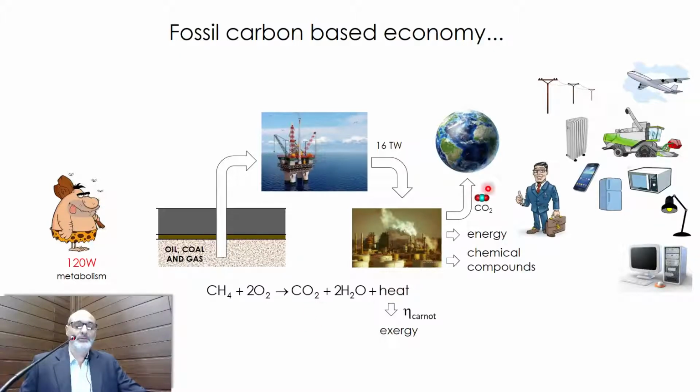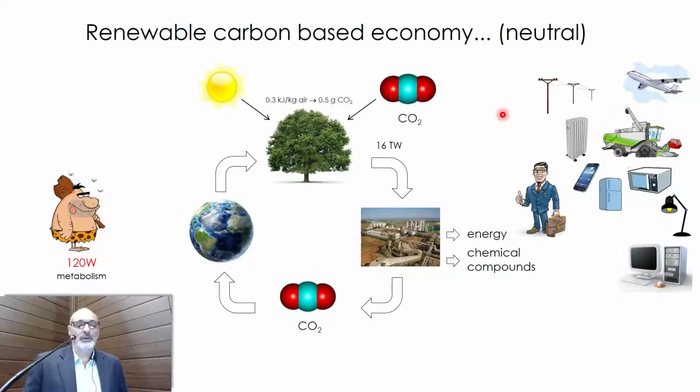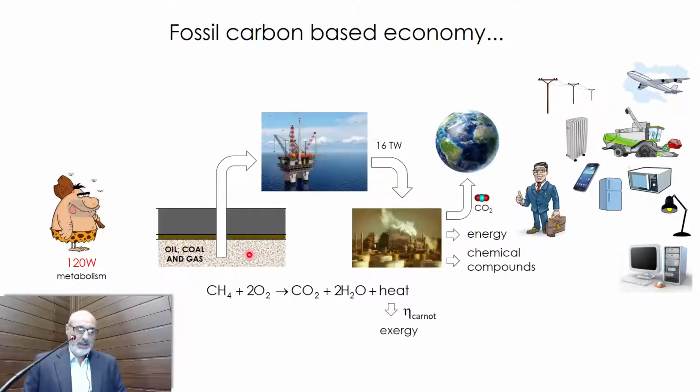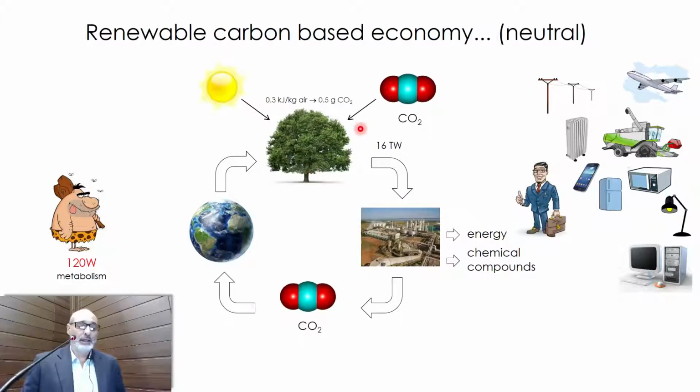This CO2 is going to end up in the atmosphere, and it's going to change the chemical constitution of the atmosphere, and, well, you know all the consequences. Okay. A possible solution for this is to try to build a neutral economy, neutral in terms of carbon footprint. So instead of getting our feedstocks from the underground, we can get carbon atoms from the atmosphere through photosynthesis, for instance.